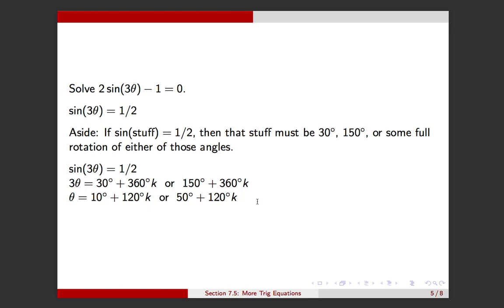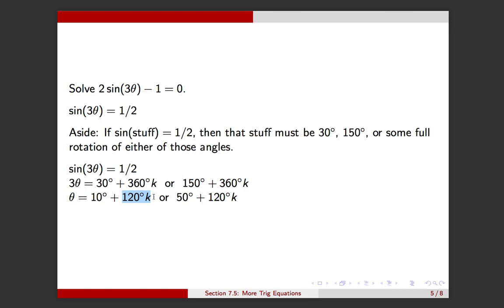So the solutions of this equation are anything that looks like 10 degrees or 50 degrees plus a third of a rotation, not a full rotation. All right, so 3 theta was 30 or 150 up to a full rotation, but if you divide everything in sight by 3, you're not going to have full rotations anymore.